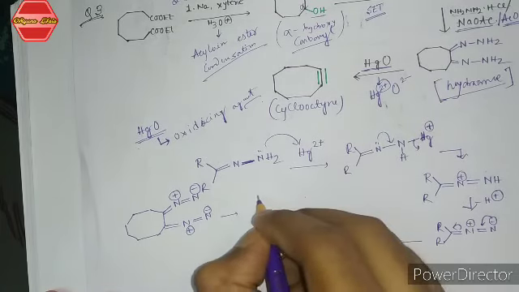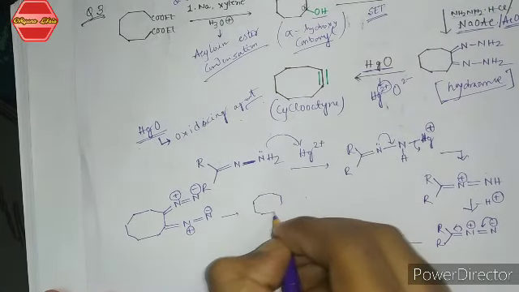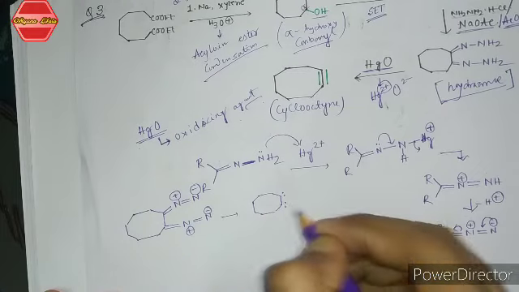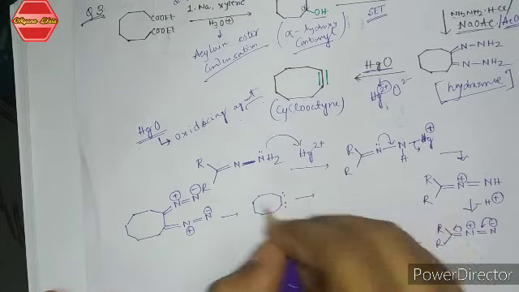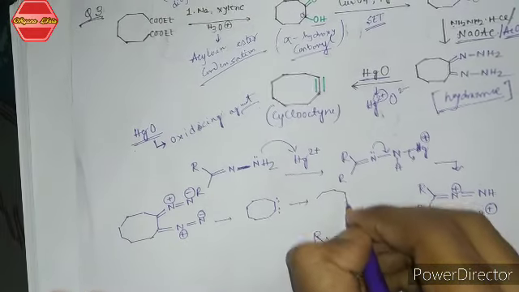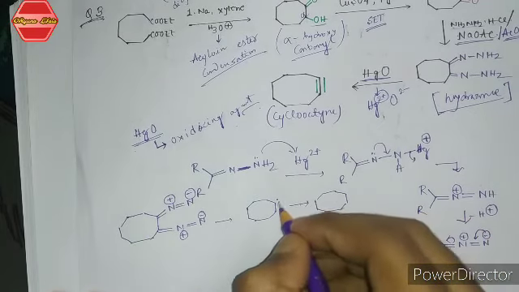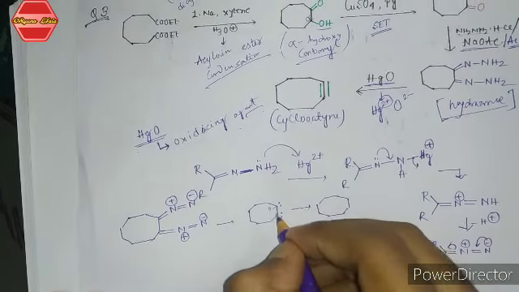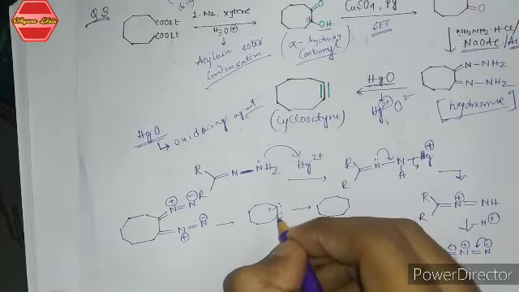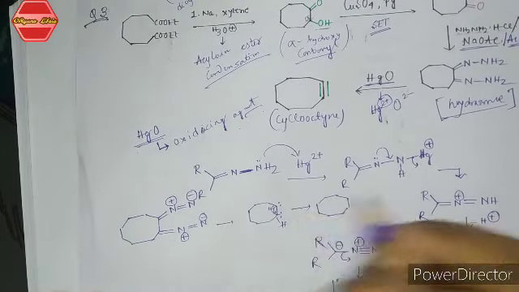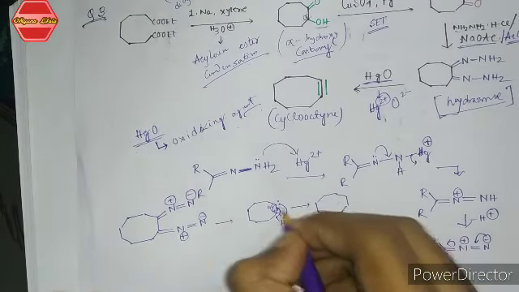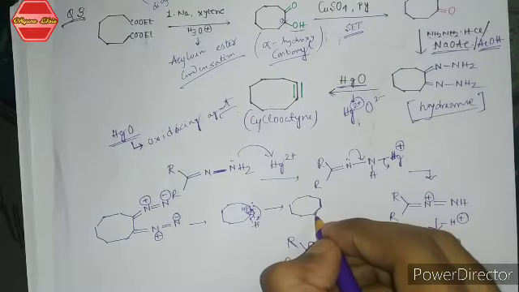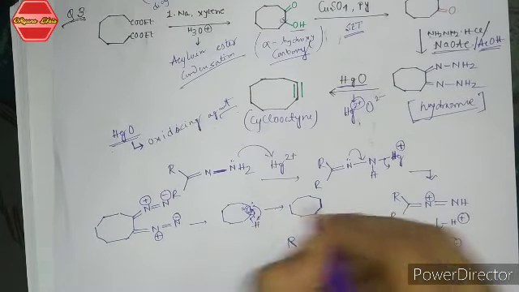Now this will form your carbene, and the carbene is neutralized by removal of hydrogen from here and here, and they take up hydrogen over here, and there is a formation of one bond, and this also goes here and there is a formation of one bond. That is, one bond is already present and there is a formation of two other bonds.